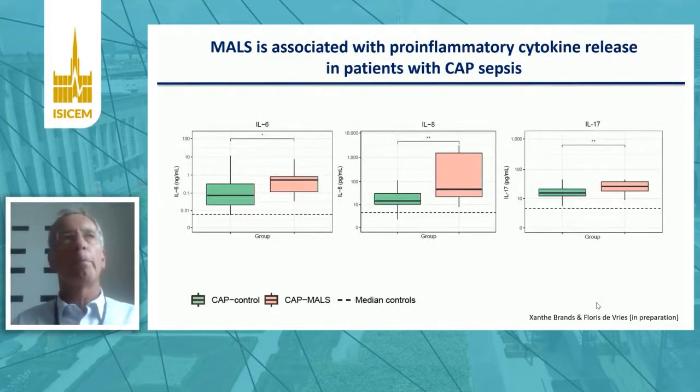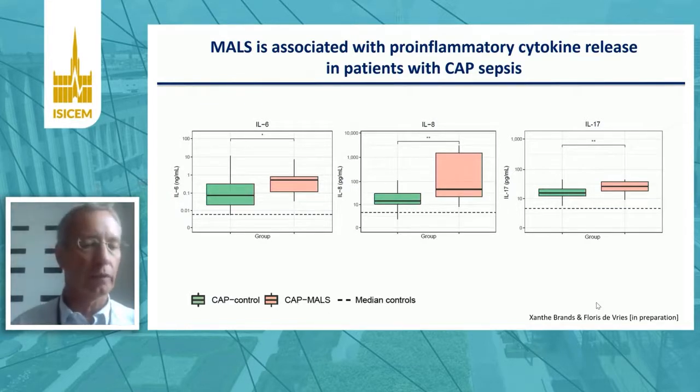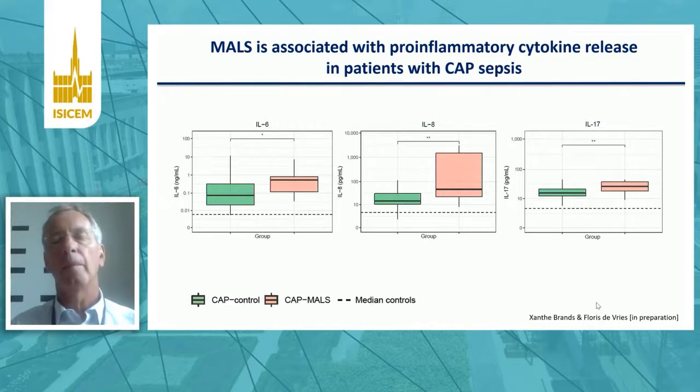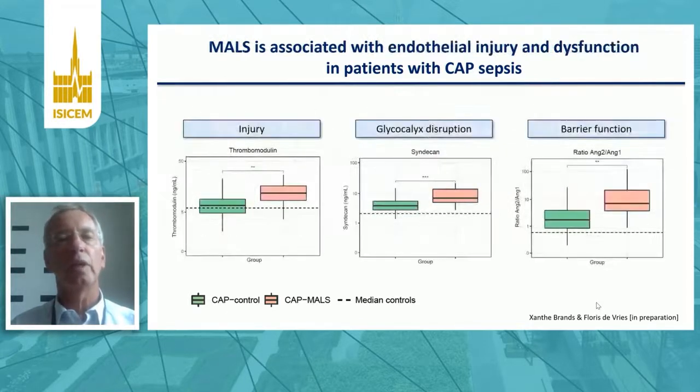And we also looked at pathophysiological pathways implicated in the pathogenesis of sepsis, to which extent they were disturbed in those patients that were stratified based on the biomarker cutoff proposed in the PROVIDE trial. Not surprisingly, perhaps, patients with macrophage activation-like syndrome had enhanced pro-inflammatory cytokine release, but they also had a more disturbed endothelial cell function and also more endothelial injury, as indicated here by thrombomodulin, Syndecan, and the ratio between angiopoietin-1 and angiopoietin-2.